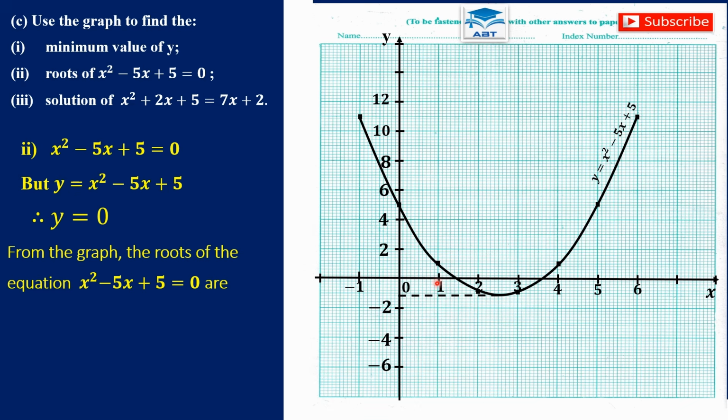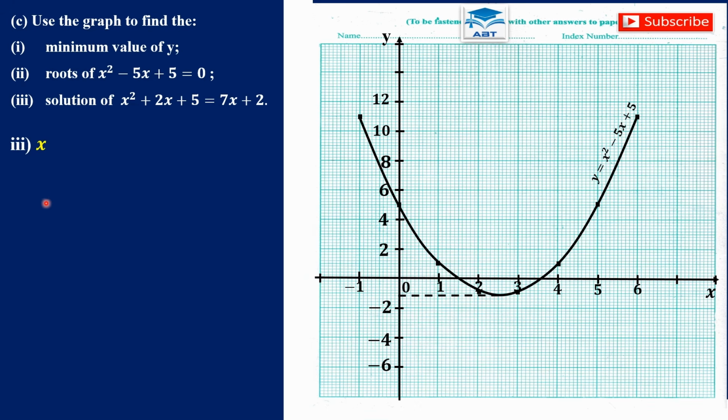So here we have 1.1, 2, 3, 4. We have x is equal to 1.4, and it also cuts the curve here, which will be 3.6. So the roots are x is equal to 1.4 and 3.6.